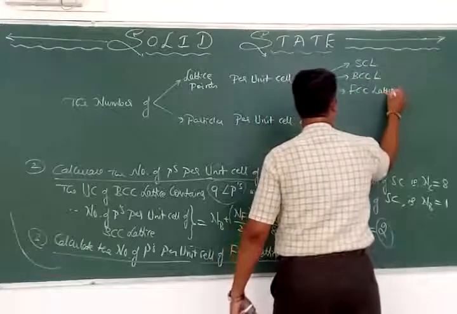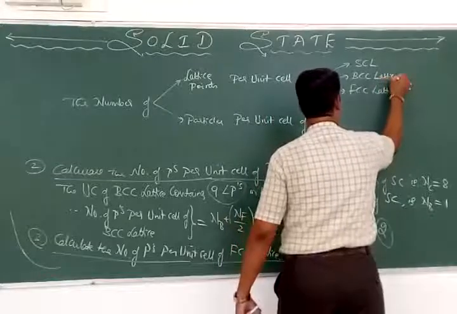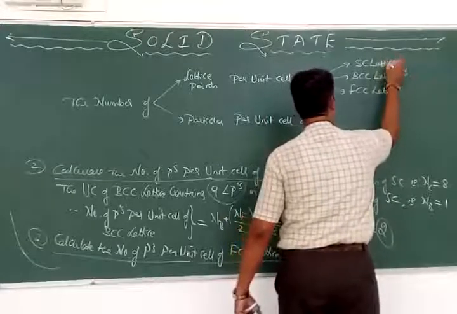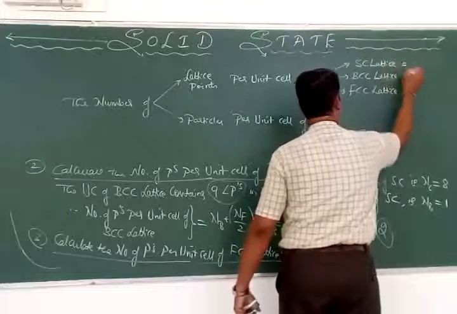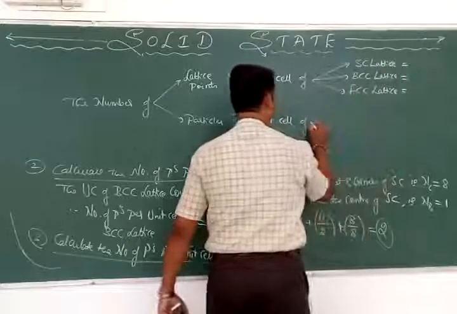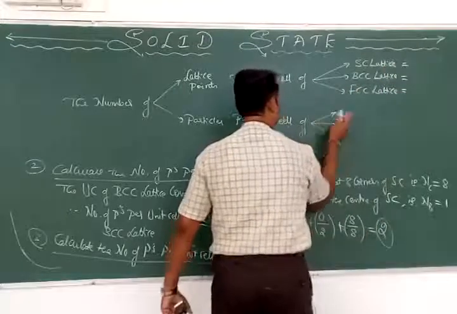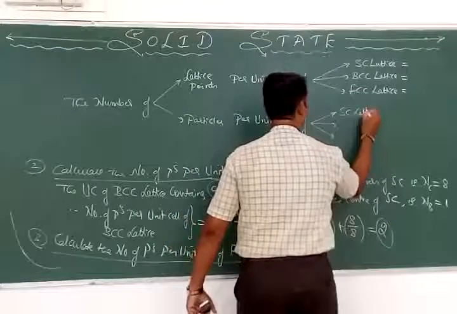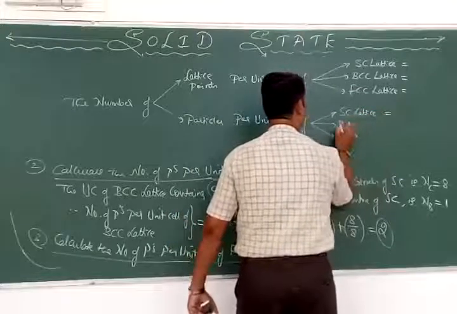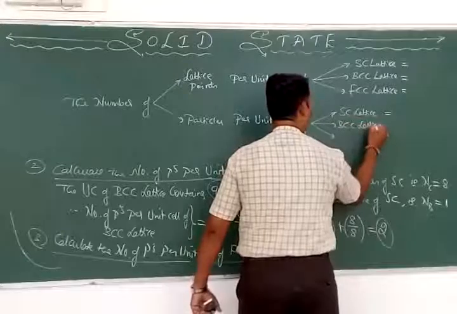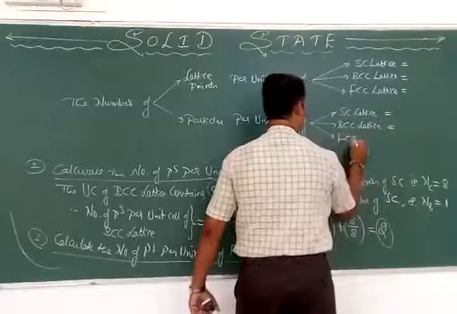I will write that as a lattice first, to make a clear distinction there. Lattice. So here also we have the same thing: SC lattice, BCC lattice and then FCC lattice.